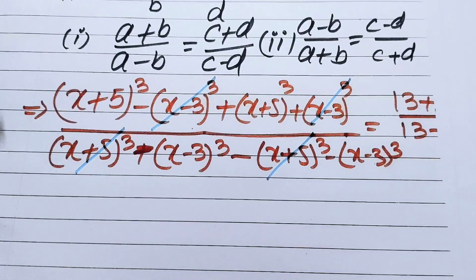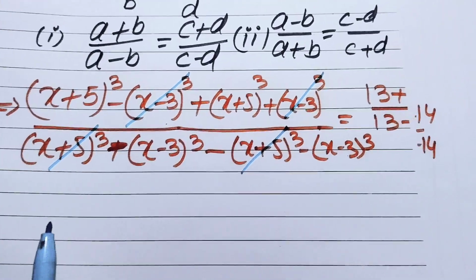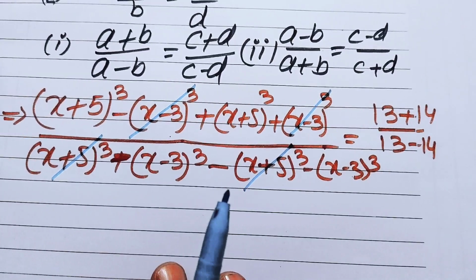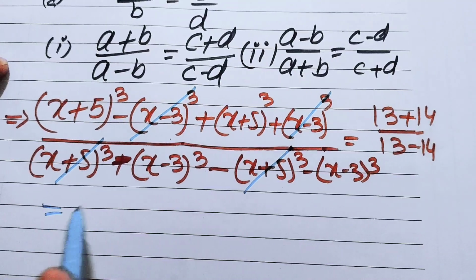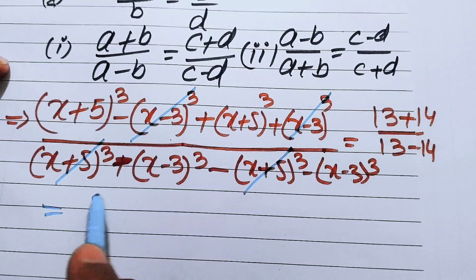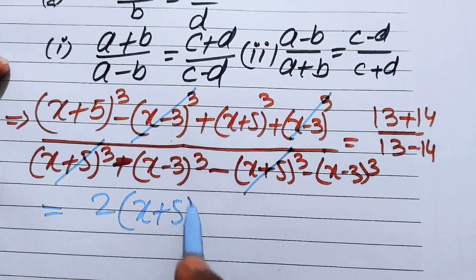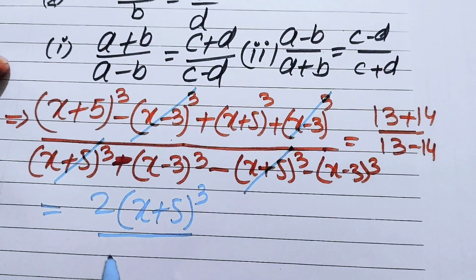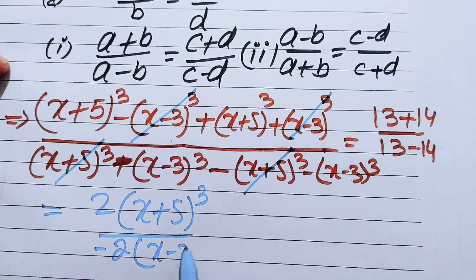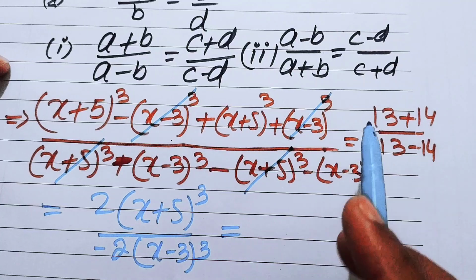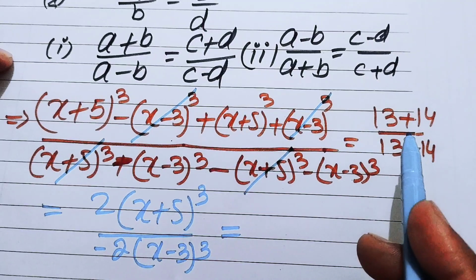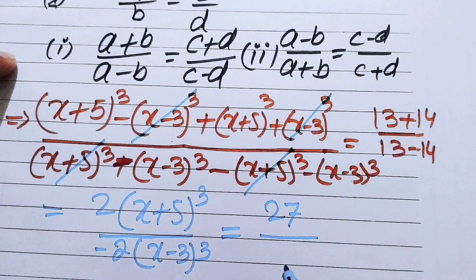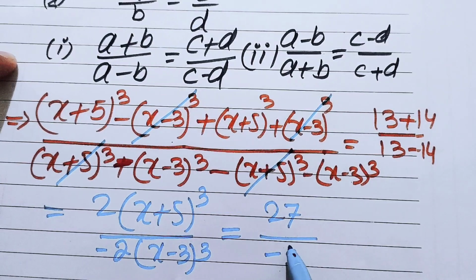So we obtain 2 times (x+5)³ divided by −2 times (x−3)³, and this equals 13 plus 14, which is 27, over 13 minus 14, which is −1.